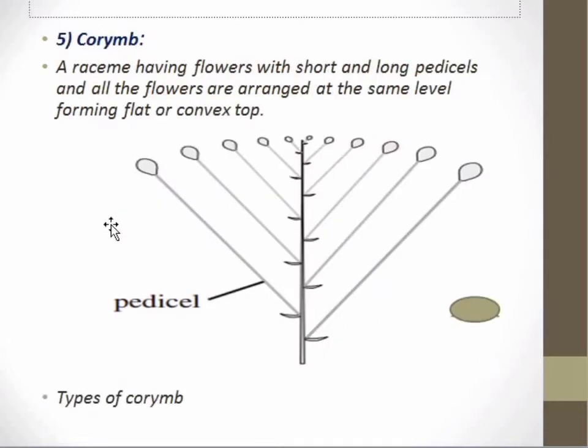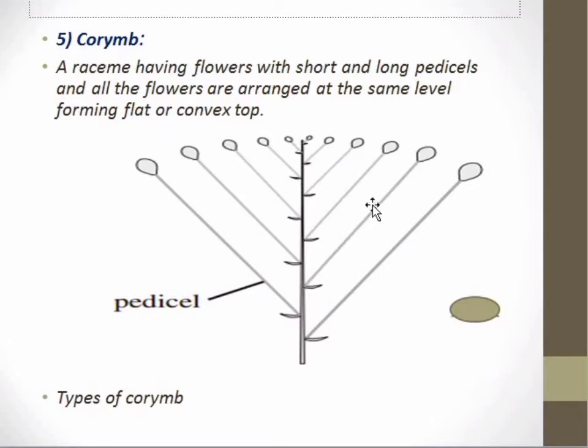The other type is corymb. It is a raceme having flowers with short and long pedicels, all flowers arranged at the same level, forming a flat or convex top. It is also a raceme because the main axis continues to grow, showing indeterminate growth, forming old flowers at the base and young at the top.